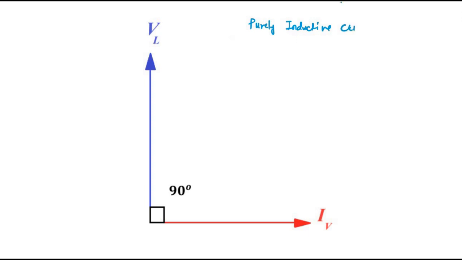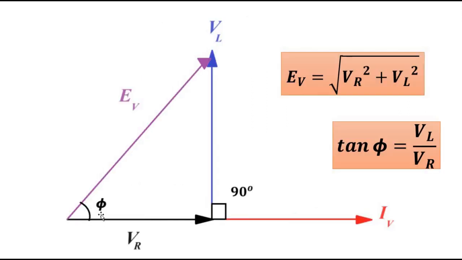So for an RL circuit, it will be somewhere in between 0 degree and 90 degree, or 0 radian and pi by 2 radian. So for an RL circuit, the phase difference will be phi, which is in between 0 radian and pi by 2 radian, or 0 degree and 90 degree.